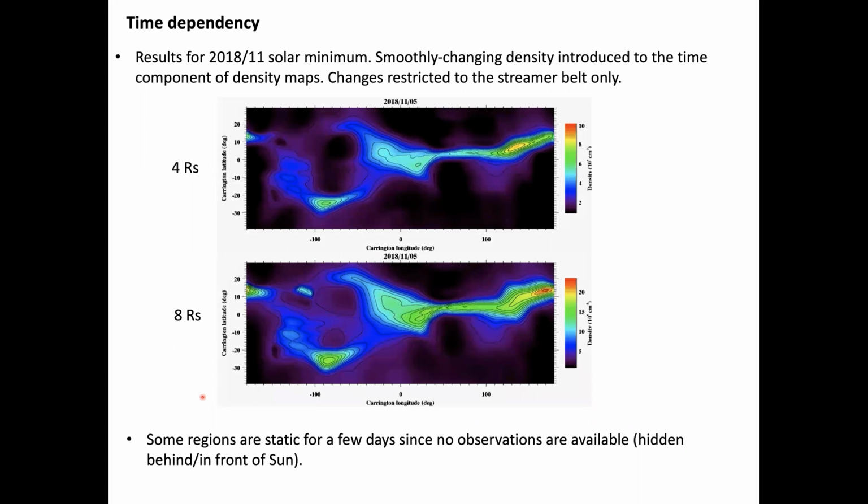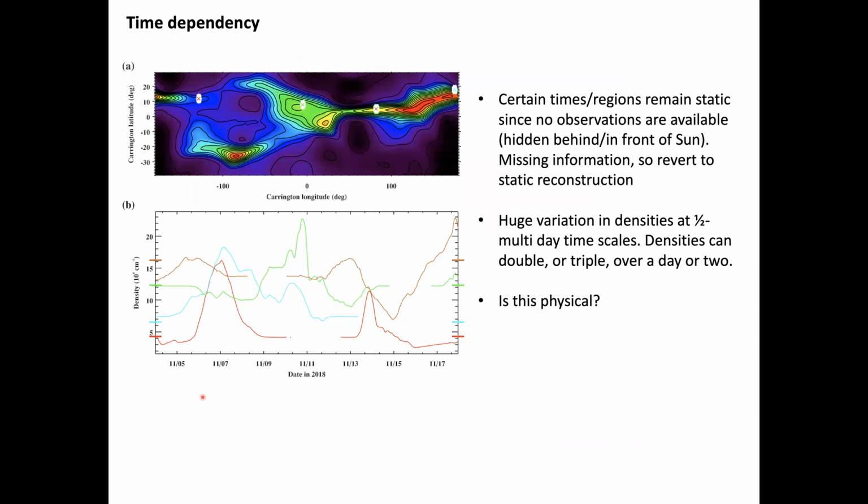So this is an example for November 2018, where we can see the density changes in the streamer belt. And then looking more closely at points in the streamer belt and how the density changes over time, we get a very surprising result that there are huge variations in densities, factors of 2 or 3 increases in densities occurring at timescales of around 12 hours up to 2 or 3 days.